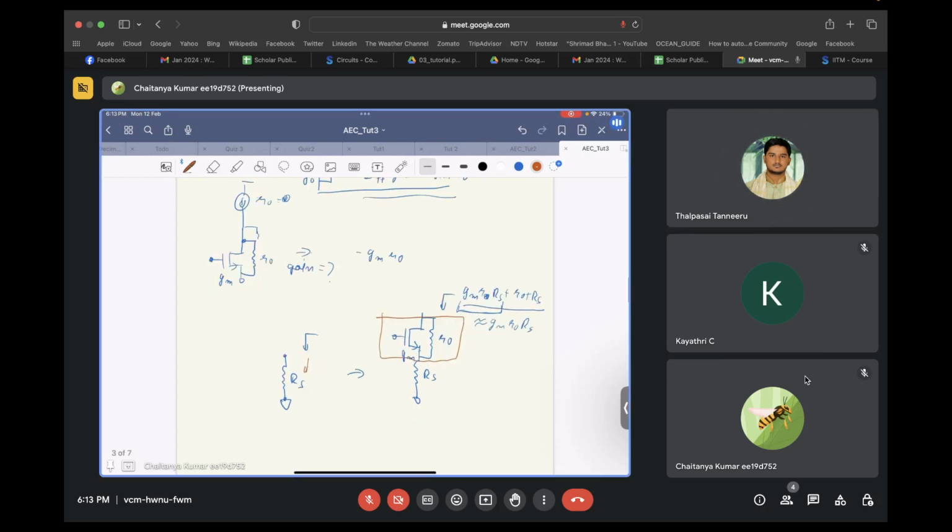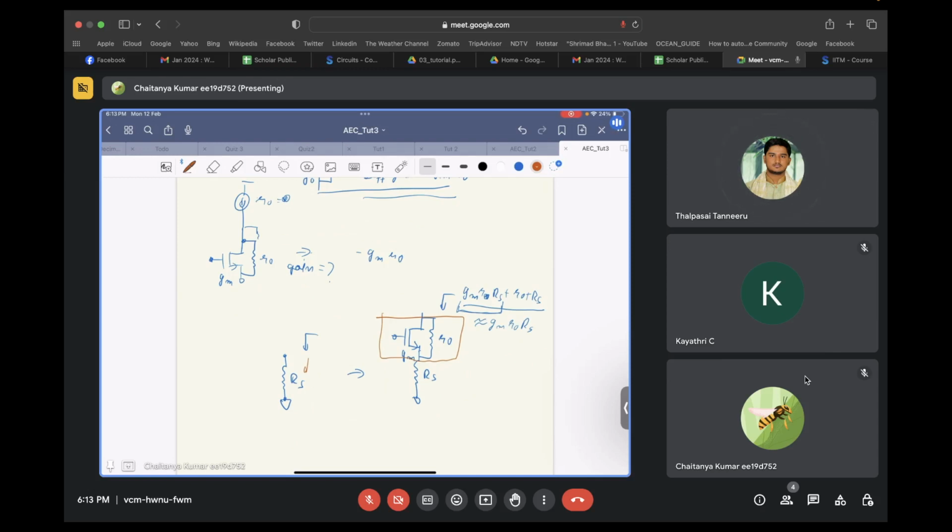Many a times this is used to increase the resistance. For example, let's say you have a current source. Ideally your current source impedance has to be infinity, right?